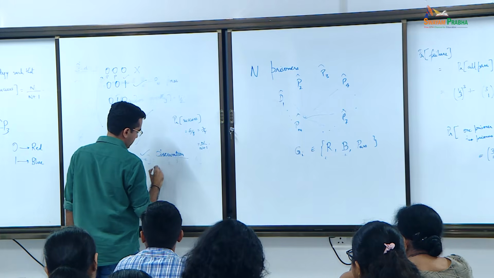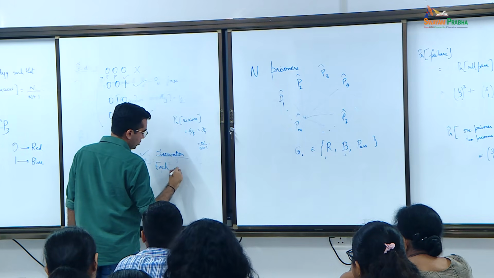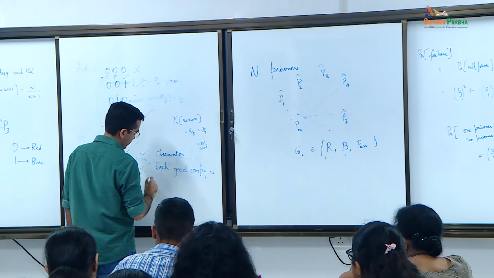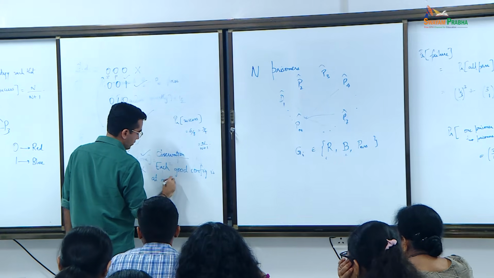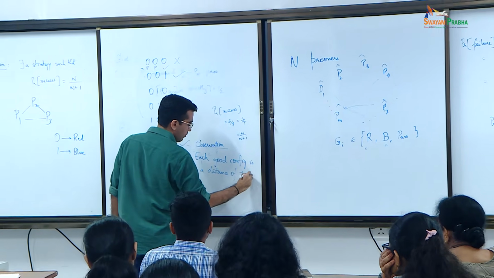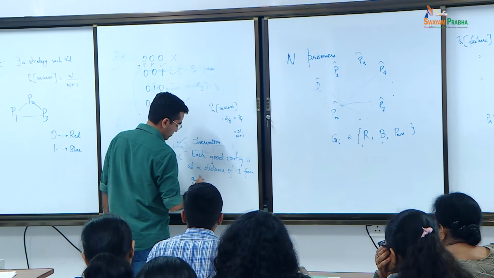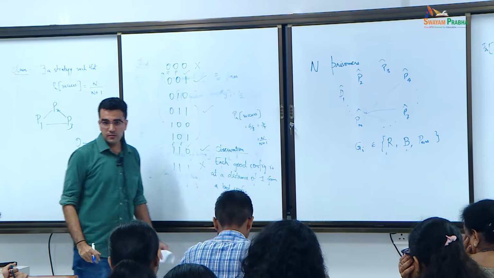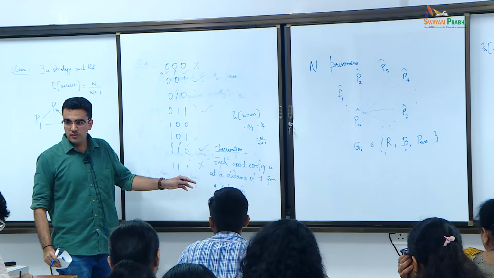You see that? So the one interesting observation is that each good configuration is at a distance of 1 from a bad configuration. Can you see that? Distance of 1 means what?